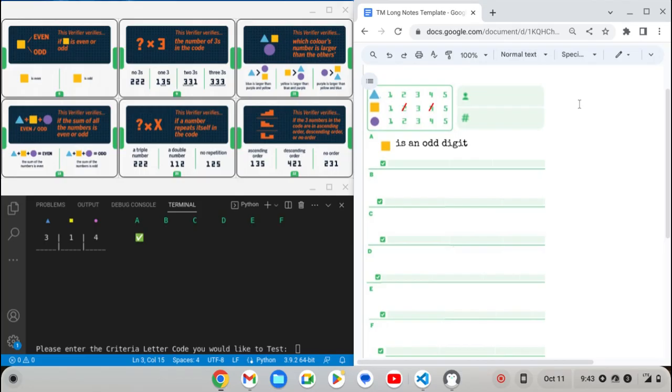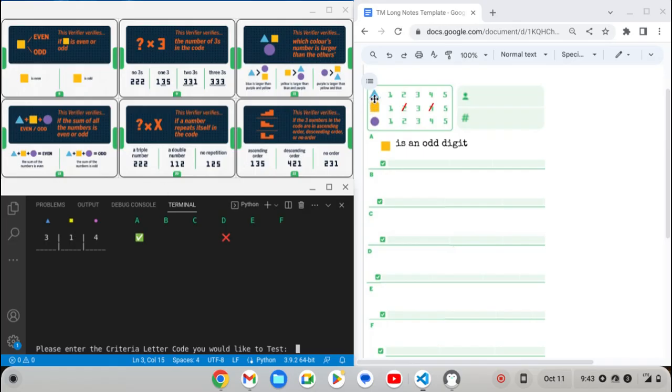And the next thing I think I'd like to test is criteria card D. Okay, so in this case, we are adding up all our digits. So in the proposal 314, let's go ahead and add them up. So 3 plus 1 is 4. 4 plus 4 is 8. 8 is an even quantity, but the Turing Machine does not agree with that. So it's letting us know that the sum total should in fact be odd.